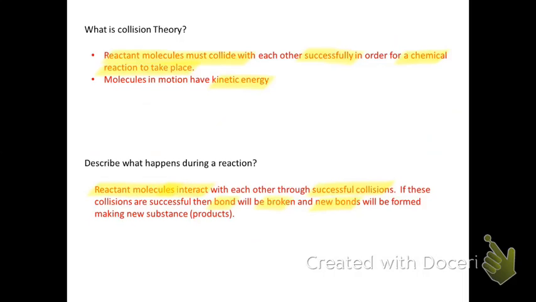And when we make new bonds, then we will form brand new substances, or the products. So this is kind of how a chemical reaction process occurs. One more time, reactant molecules interact through successful collisions, bonds are broken, atoms are then just rearranged, and new bonds will be formed, creating our product. Right?